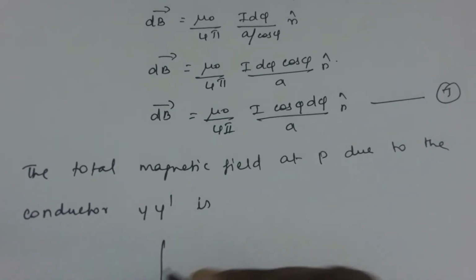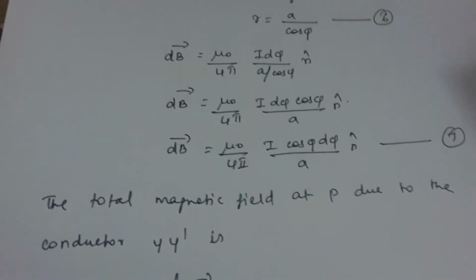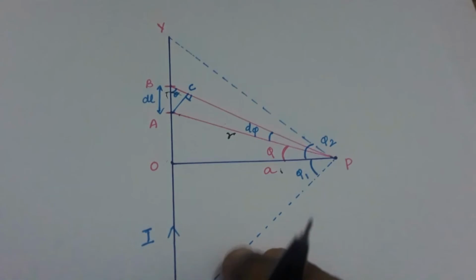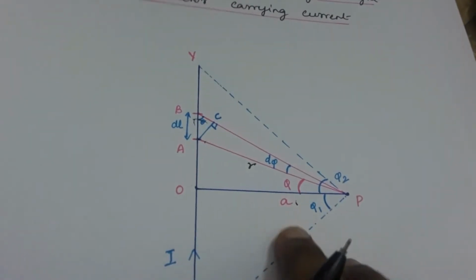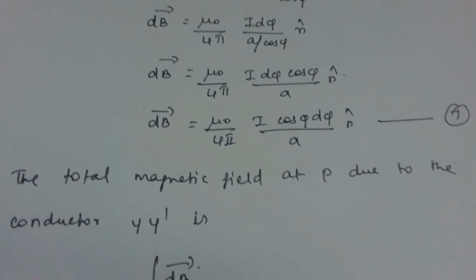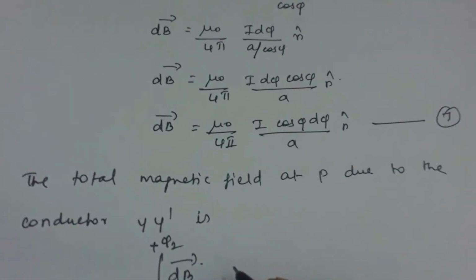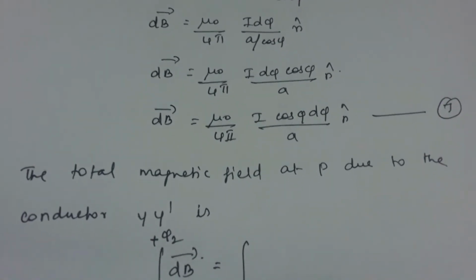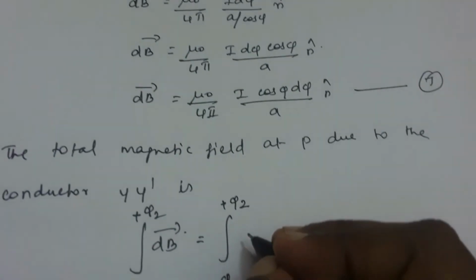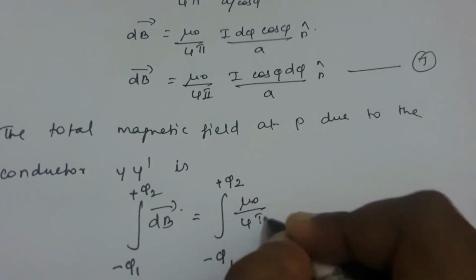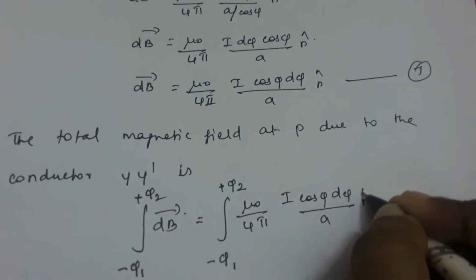So the integral of dB vector, here the angles are between phi 1 and phi 2. This angle is phi 1 and this angle is phi 2. One is in the lower coordinate, another one is in the upper. So it is integral from minus phi 1 to plus phi 2 of mu 0 by 4 pi I cos phi d phi by A into n unit vector.